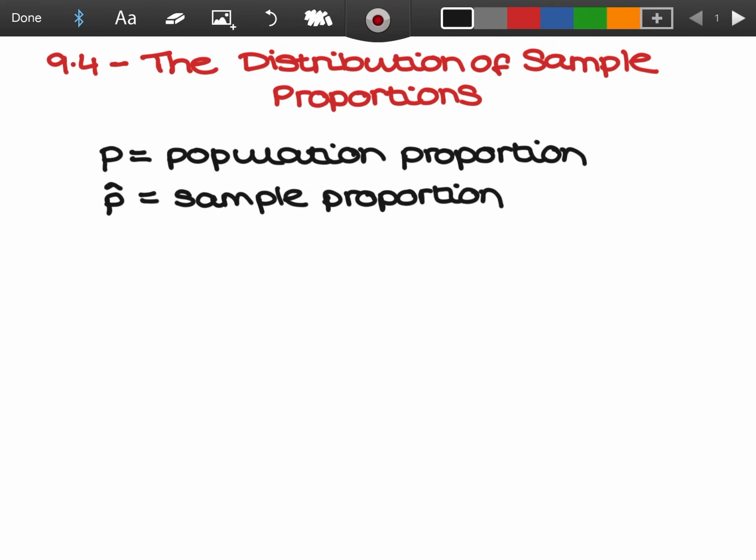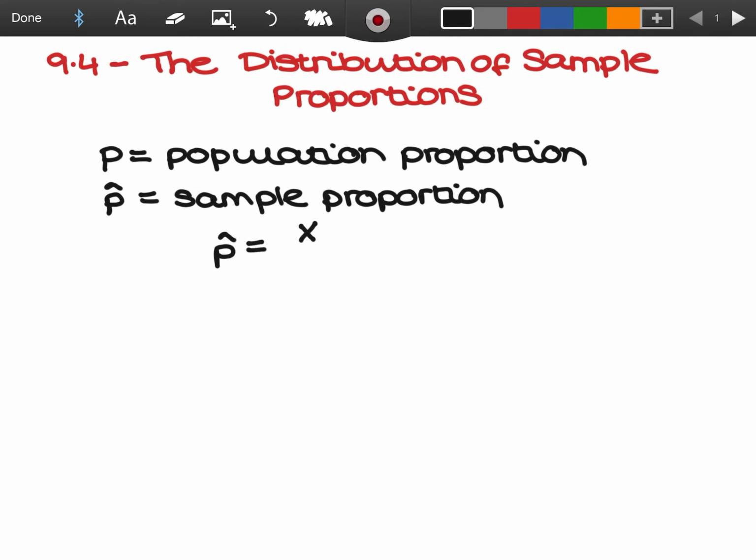As long as it's a representative sample, I'm going to use my sample proportion P hat to estimate my population proportion P, because it's very difficult to find the proportion of a whole population that has a particular characteristic. For example, what proportion of things are defective on a production line.